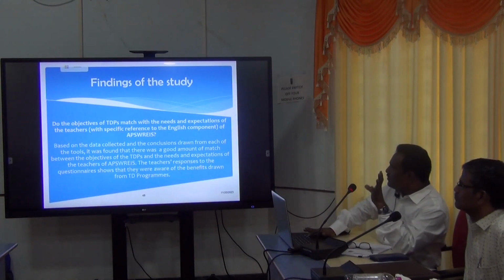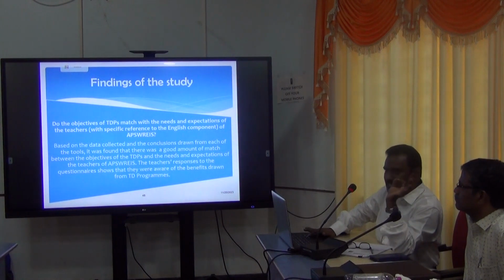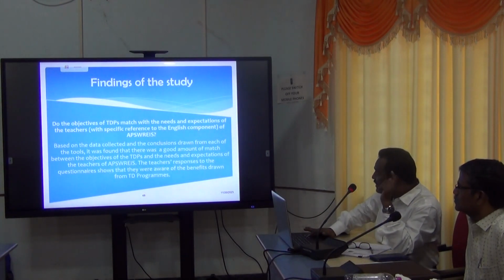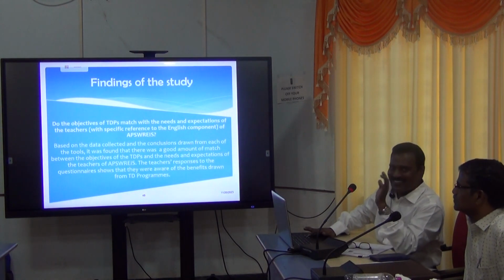So the objective of the teacher development: match the needs and expectations of the teachers with specific reference to the English component of APSWRAS. One, based on the data and the conclusions drawn from each of the tools, it was found that there was a good amount of match between objectives and KPIs and the needs and expectations of the teachers. The teachers' response to the questionnaire shows that they were aware of the benefits drawn from TDP, Teacher Development Programs.